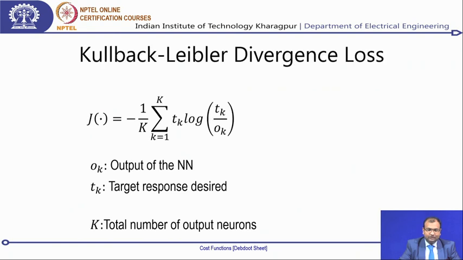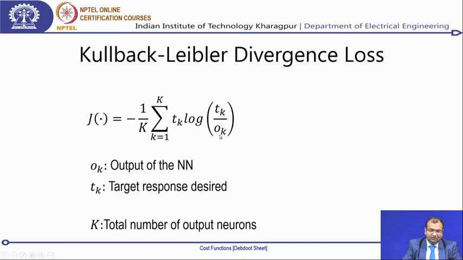Now, the other one is called the Kullback-Leibler divergence, and this is an information theoretic loss function. You have your TK, which is the target response, and OK, which is the output from the neural network, and this is again a multi-hot vector. K can be a particular location you are taking on your predicted class, or it can even be a class label if you would like to take it that way.